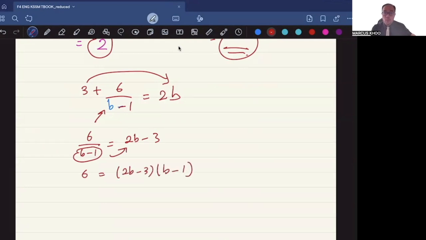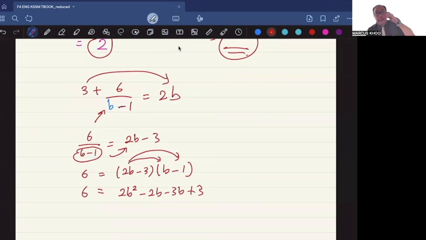And this is precisely the reason why you learn all those Form 3 mathematics. That's very complicated one. So I'm going to multiply this. 2B times B will be 2B squared minus 2B minus 3B plus 3 equals 6. I think when you're in Form 3, you know that this is a quadratic equation, and you know that you have to factorize it.